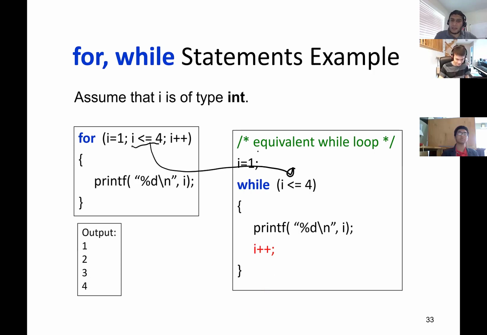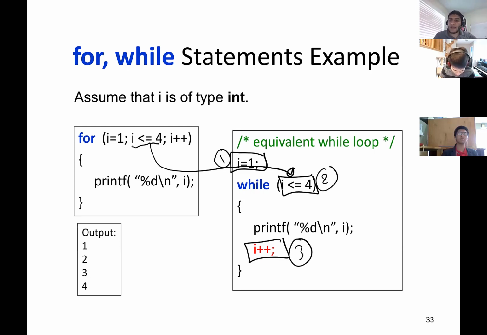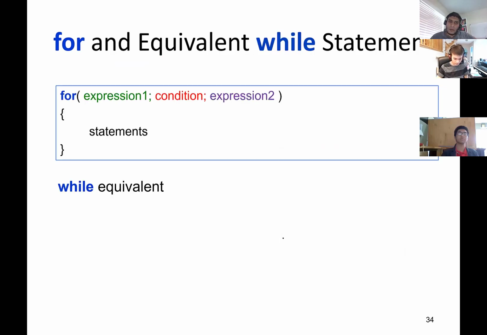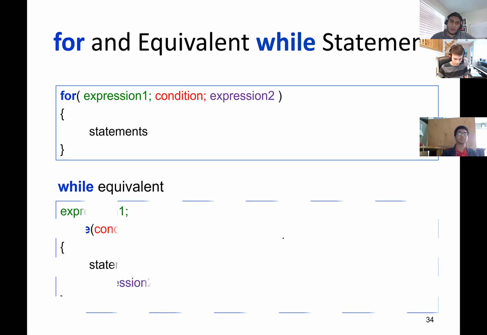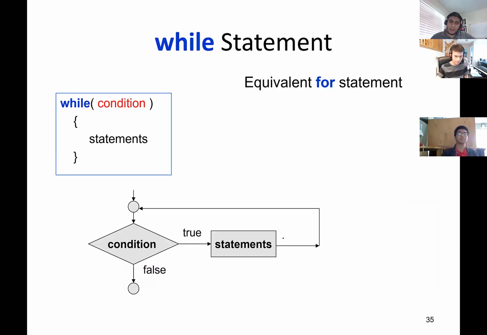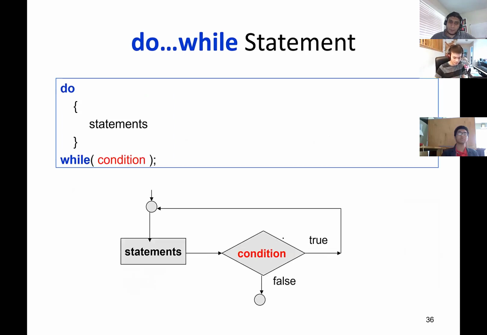So these are the 3 steps of your for loop: the first one is initialization, the second one is the condition, the third one is your advancing expression, right? Good. So this is the general rule. That's okay, we already discussed that. So let's go to do while, right?